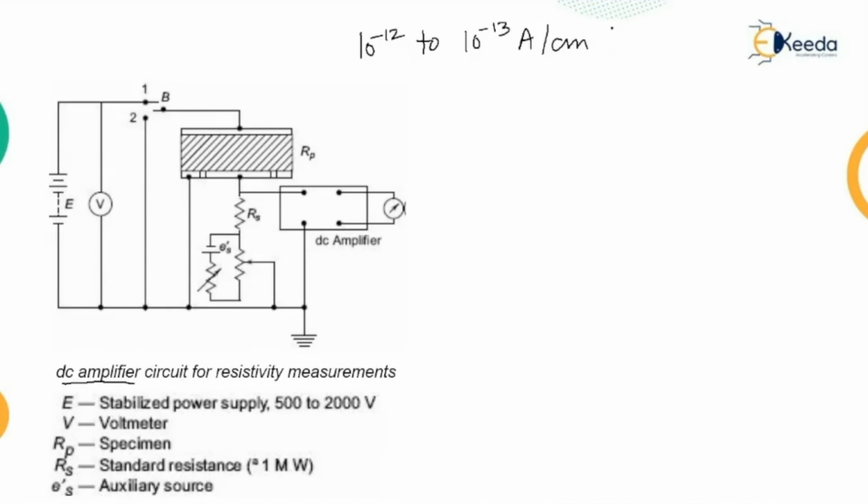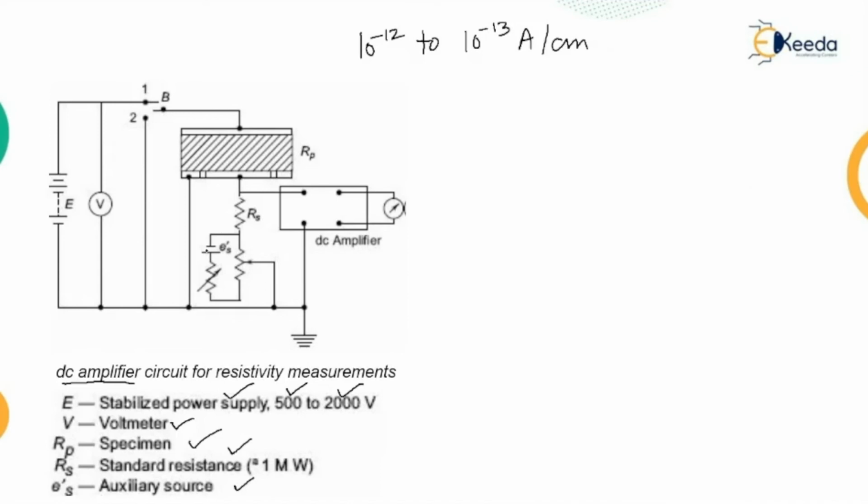The arrangement is the same, with no change. You can see that E is the stabilized power supply of 0.5 kilovolt to 2 kilovolt. V is the voltage measurement device, that is the voltmeter. RP is the testing specimen which is kept. RS is the standard resistance, and ES dash is the auxiliary source that is given to the circuit.